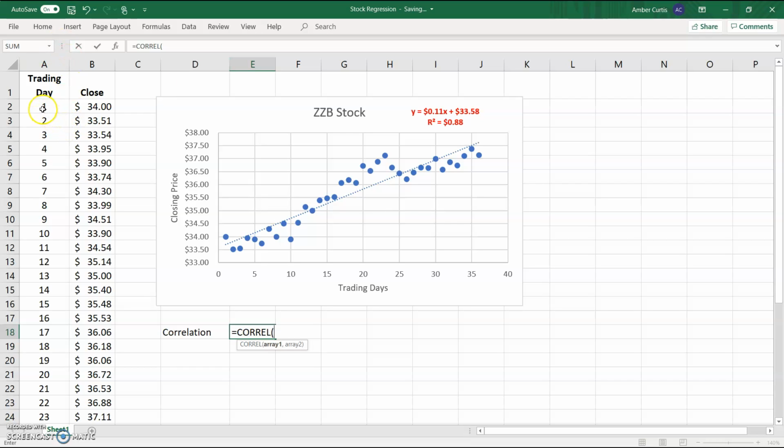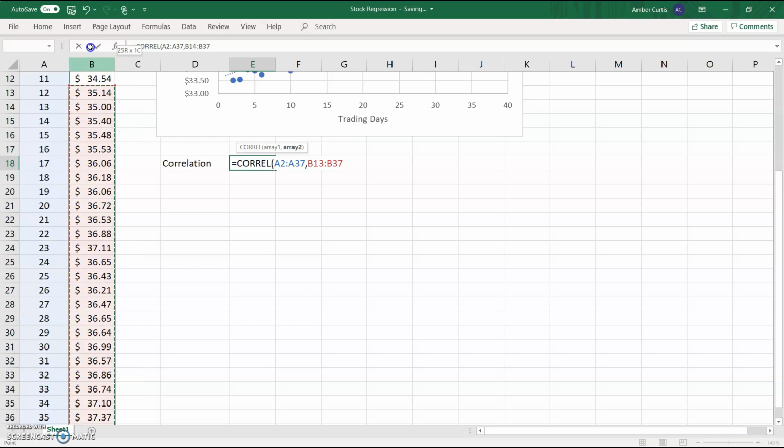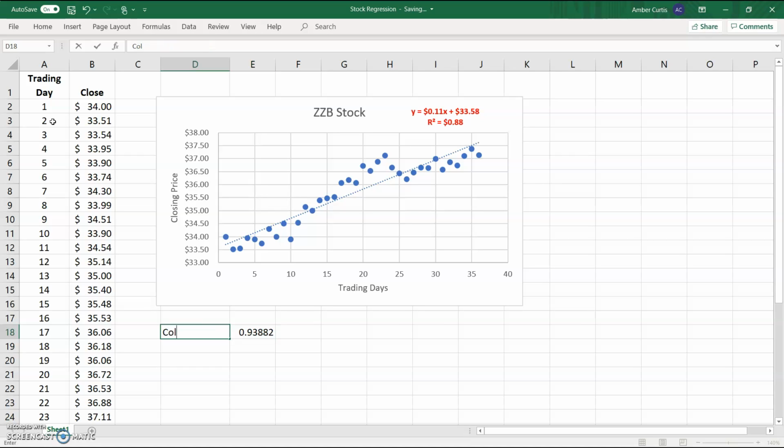So I'm trying to see if there's a correlation between trading days, so I'm going to select my trading days data, comma, is there a correlation between my closing data? So you'll notice that it actually highlights the two columns of data that we're looking at here. And we get that our correlation coefficient is 0.93882. So we'll label that correlation coefficient.